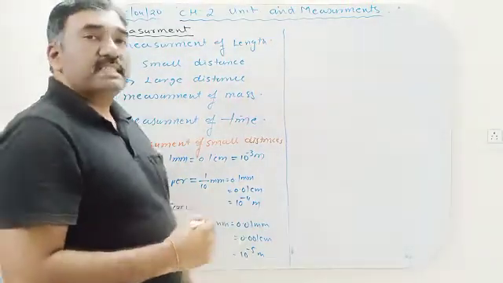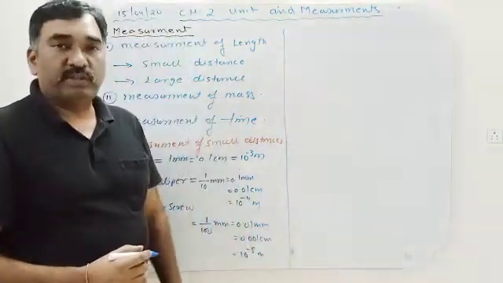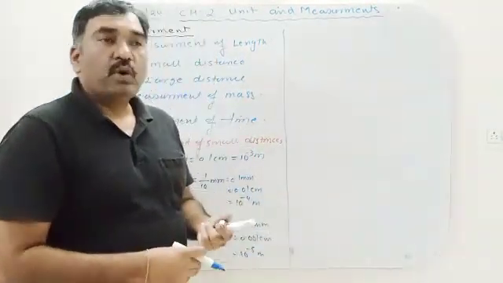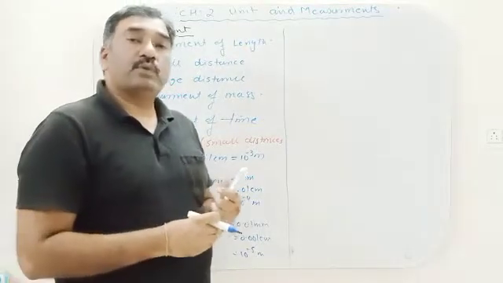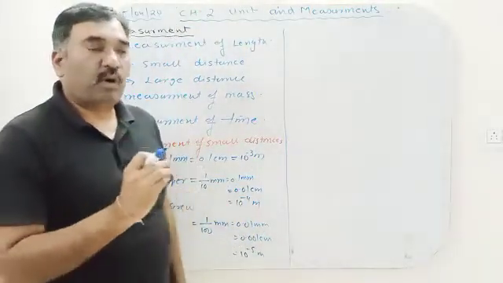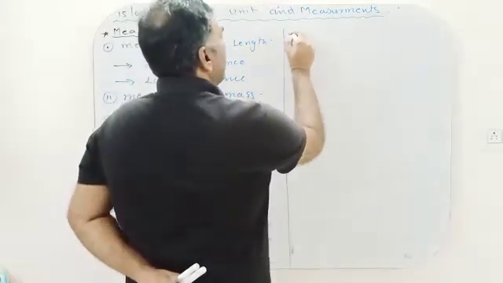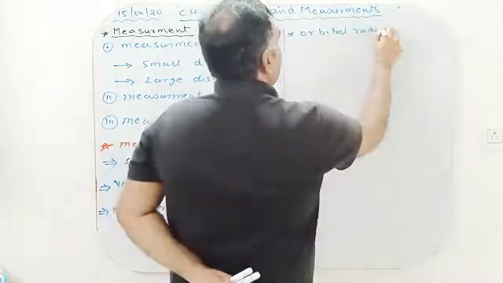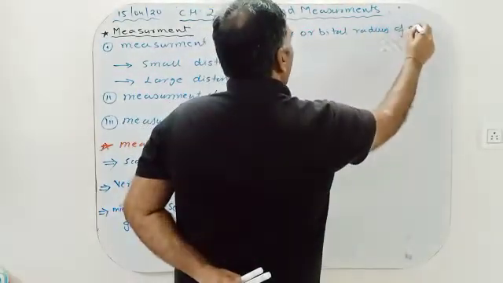A distance smaller than that is practically not possible to measure this way, but we have certain devices like the electron microscope, optical microscope, and atomic force microscope. These devices are used to measure very small distances. So they can measure the orbital radius of an electron.